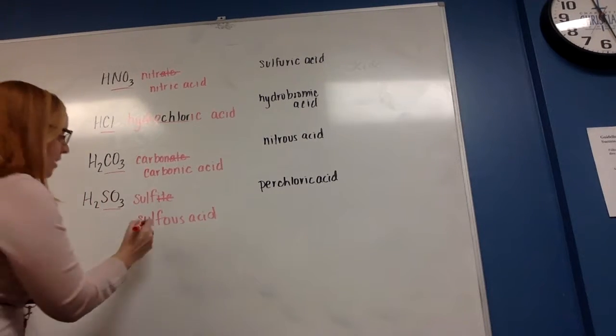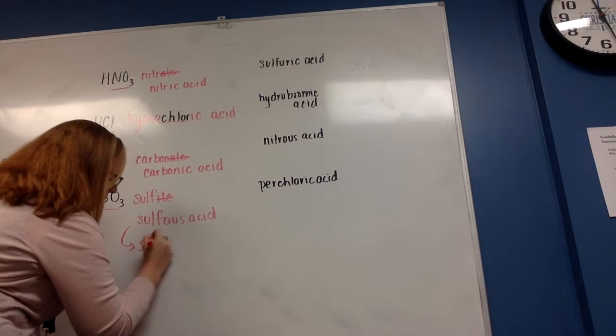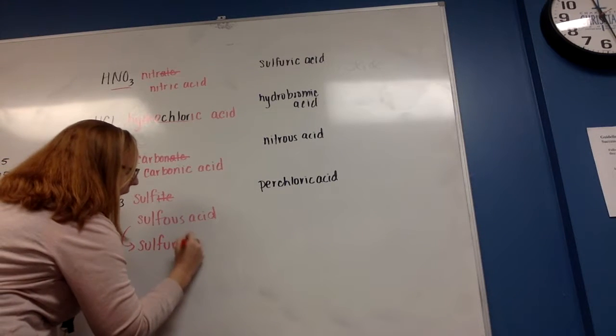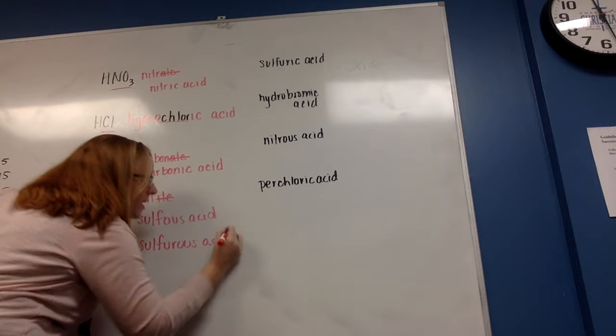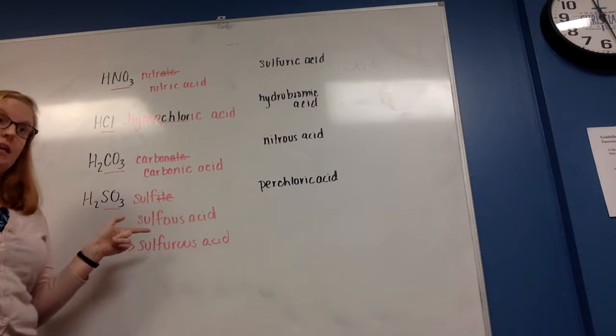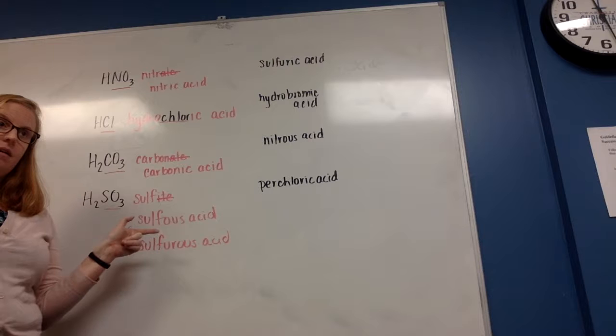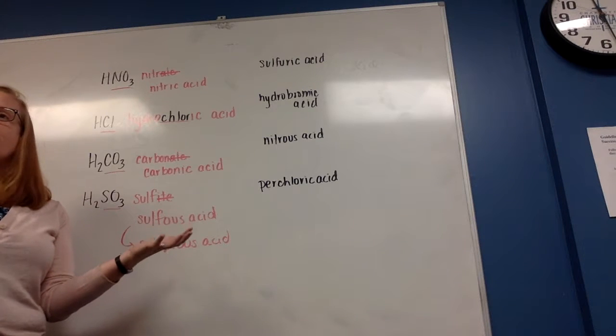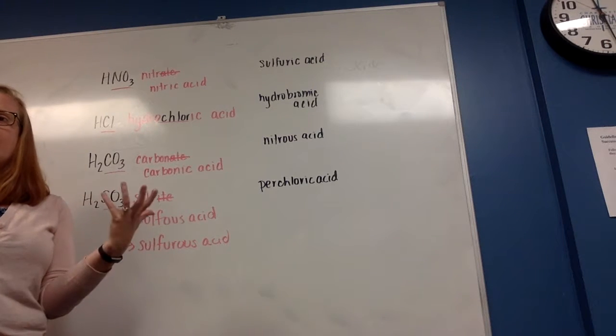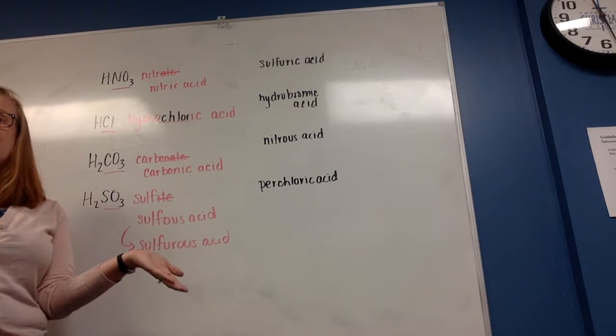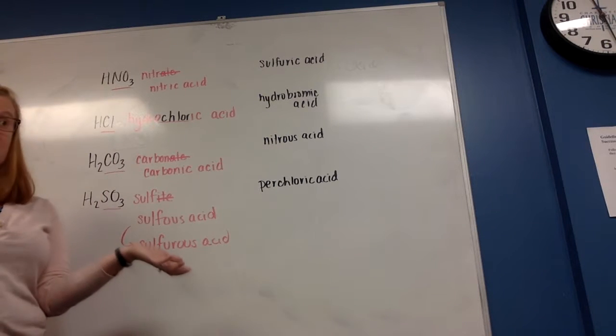So this is actually sulfurous acid. I will accept both because you changed the ending correctly, okay? But just sulfur and phosphorus are just not nice, okay? I'm sorry. I didn't do it. It's not my fault.